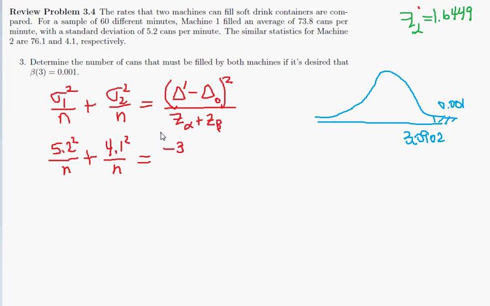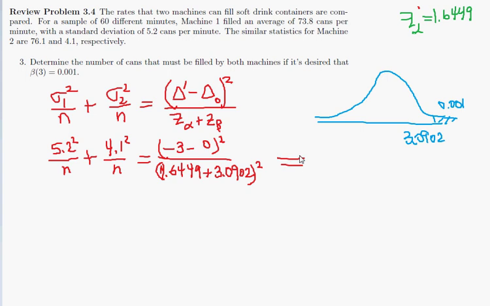Negative 3 because, again, the second machine is faster, and so mu1 minus mu2 would be negative, minus 0 squared, all divided by 1.6449 plus 3.0902 squared. So this now becomes an algebra problem solving for n.